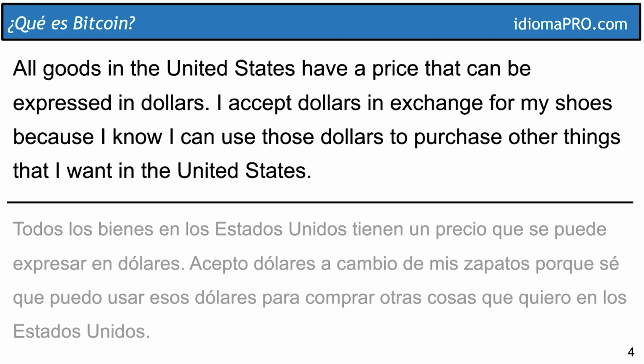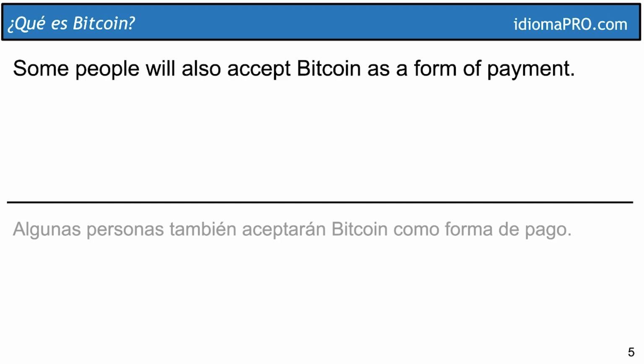I accept dollars in exchange for my shoes because I know I can use those dollars to purchase other things that I want in the United States. Some people will also accept Bitcoin as a form of payment.